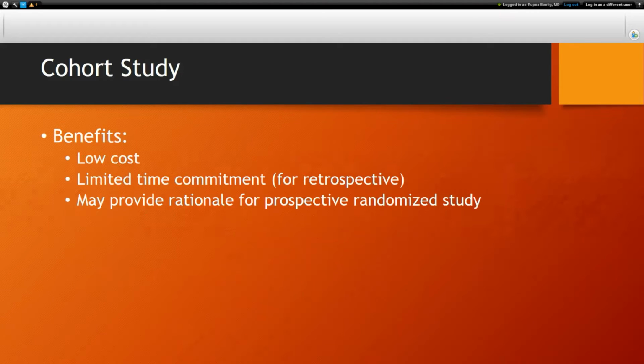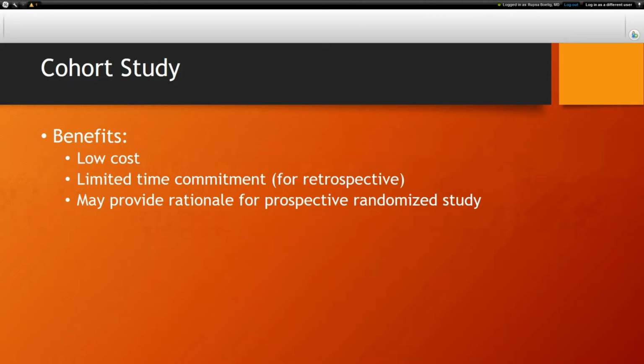The benefit of a cohort study is that it's generally low cost. Certainly there are very expensive cohort studies that you can do, but for the purposes of fellowship, generally it's a low cost study. There is a limited time commitment. For a retrospective study, it's usually just the time needed to extract data, which depending on the number of participants or sample size you're planning on having, you can decide, is this going to be a 3 to 6 month project or a 1 year project?